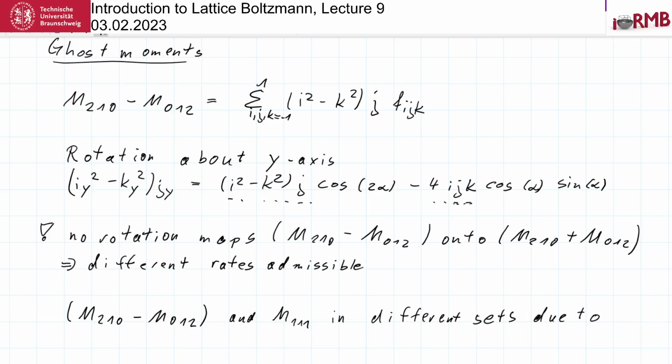Due to the discrete distributions, the rotation here would be pi quarter, or not pi half.